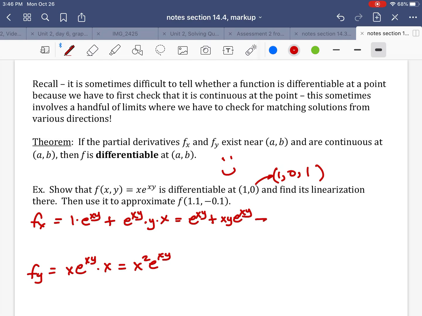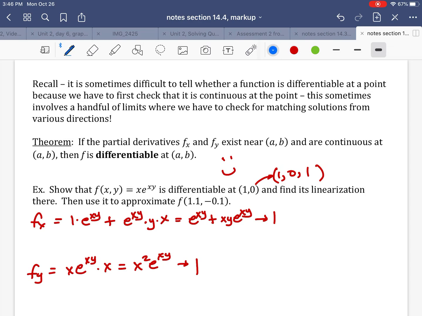All right, so let's put these in the derivatives. If I put 1 and 0 in these derivatives, for this guy, I would get e^0 plus 0, so that would be 1. For this guy right here, my x is 1, and then I have e^0, so that's also 1.